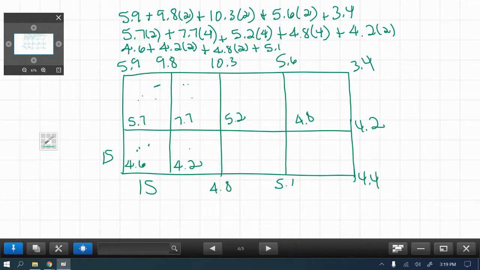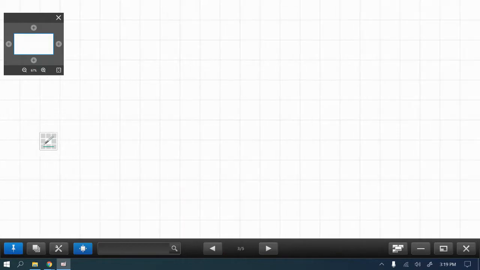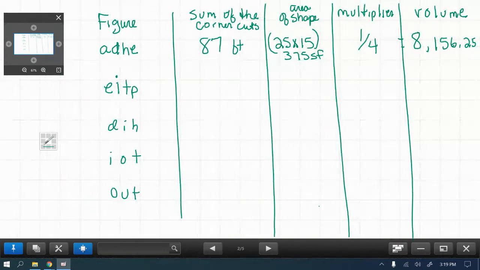Plus 5.1 touches 2. Plus 4.4. So if I add all those together, my sum of my corner cuts should be 188.5.